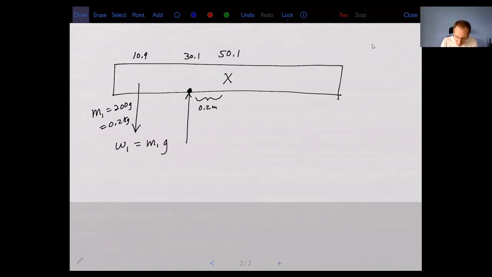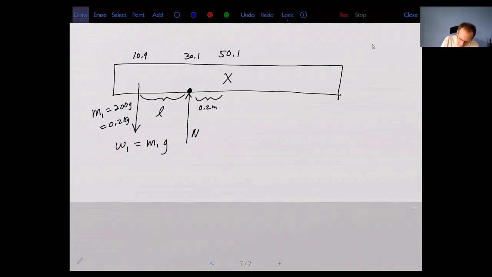Okay, so what I want you to do is figure out what this moment arm is, which in this case I'm going to call L. And then I want you to calculate the sum of the torques, set it equal to 0, and then use that to figure out the mass of the meter stick. So in this case, there's actually 3 forces acting, right? I have the obvious one, the weight that's pulling down, W1. I have the normal force here that's pushing up on the stand.